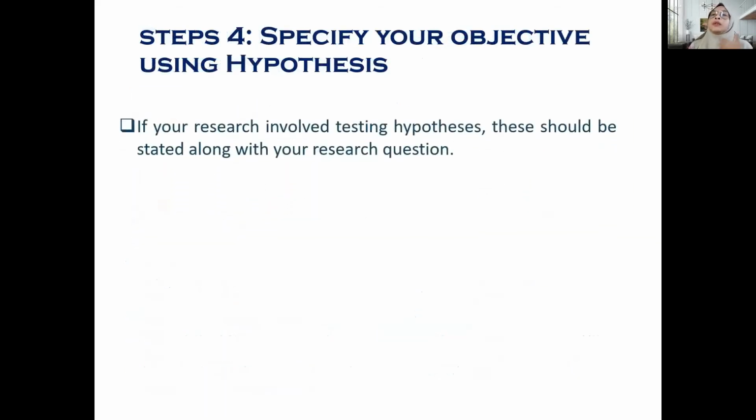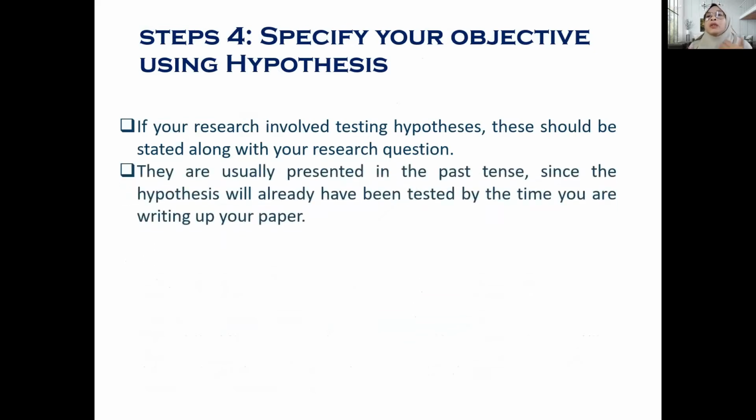Okay, now you go to the example of stating your objective based on the hypothesis. So if your research involves testing hypotheses, they should be stated along with your research question. They are usually presented in the past tense, since the hypothesis will already have been tested by the time you are writing up your paper.